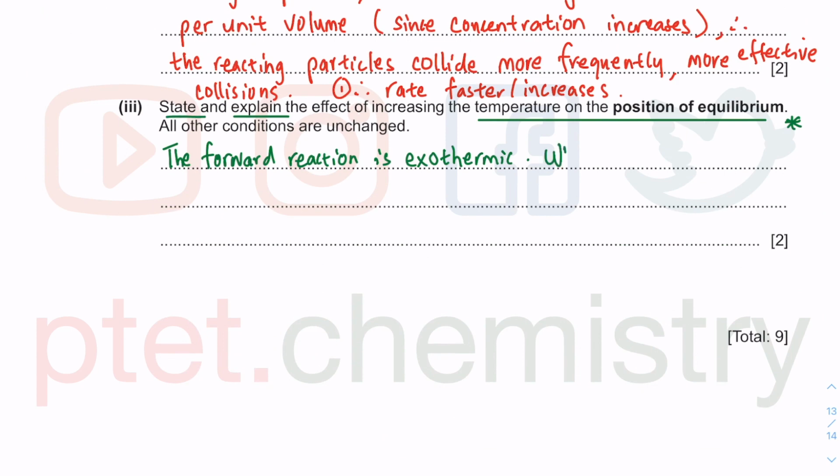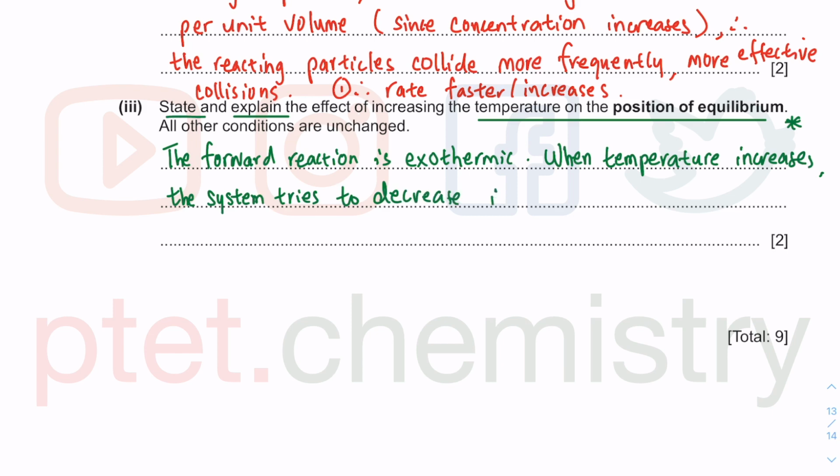So what happens when temperature increases? Well, the system or the equilibrium will try to oppose the change in order to go back to being in equilibrium. So the system will try to decrease the temperature because it wants to oppose the change.